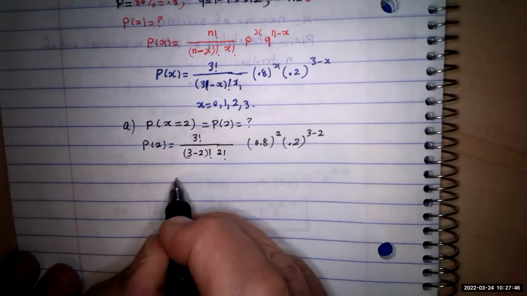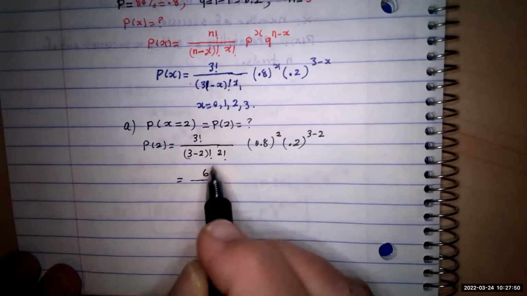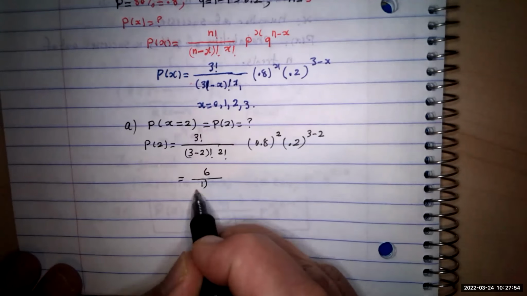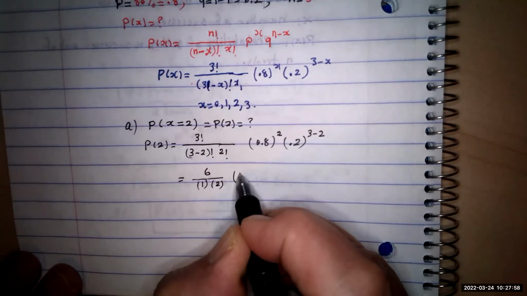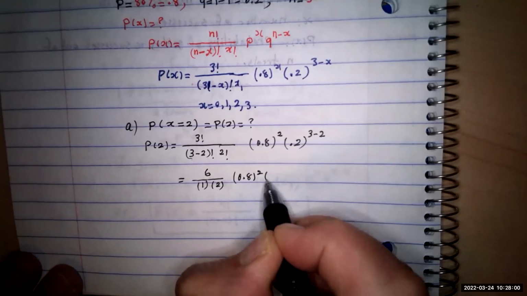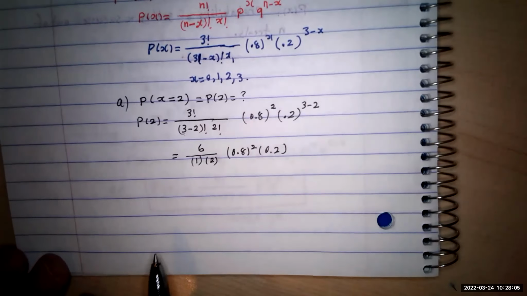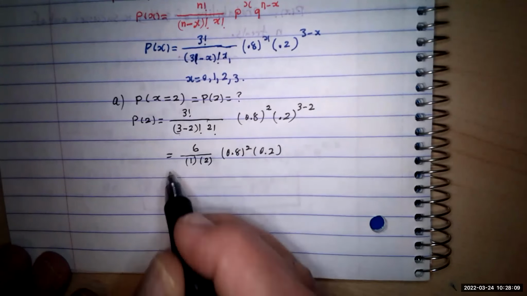Okay, now 3 factorial we talked about the other day would be 6. 3 minus 2 factorial is just 1 factorial, which is 1. 2 factorial is 2, times 0.8 squared, times 0.2 to the first power, because 3 minus 2 is 1. Now 6 over 2 gives you 3.